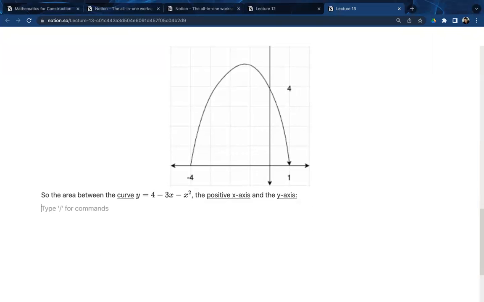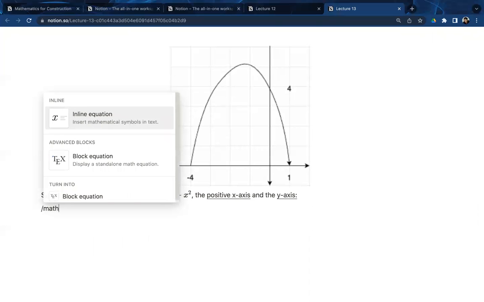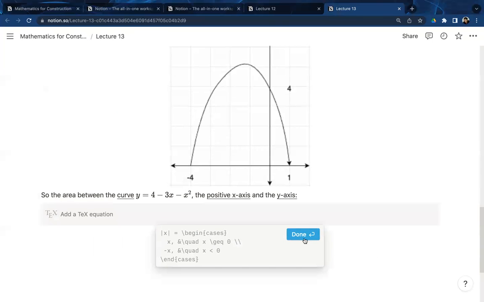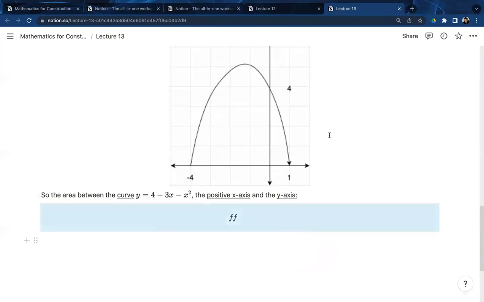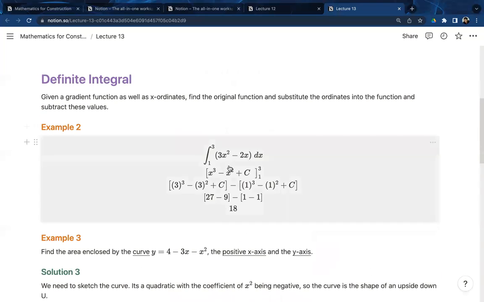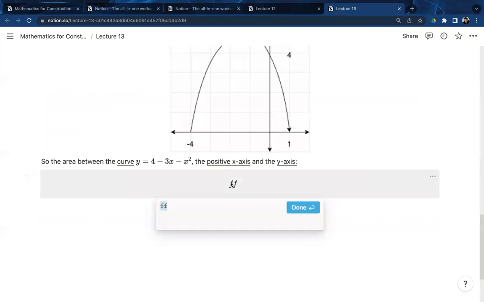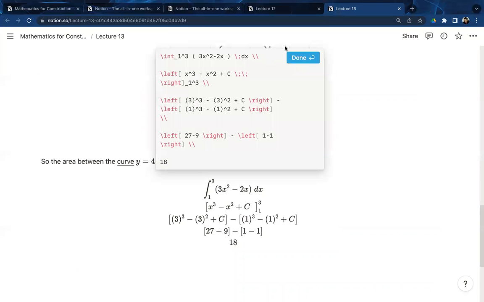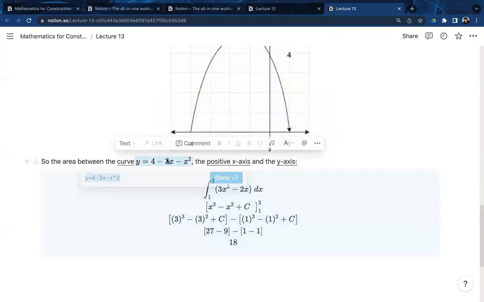So you have to find an integral like this here. So let's do that. What is the original question?